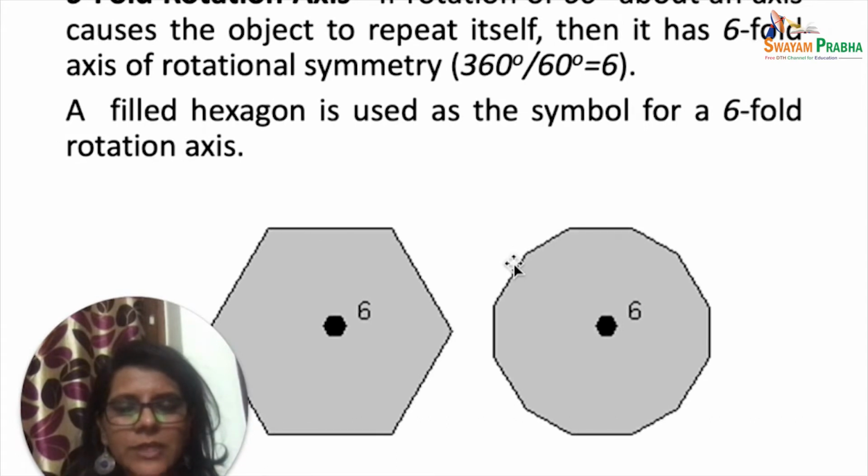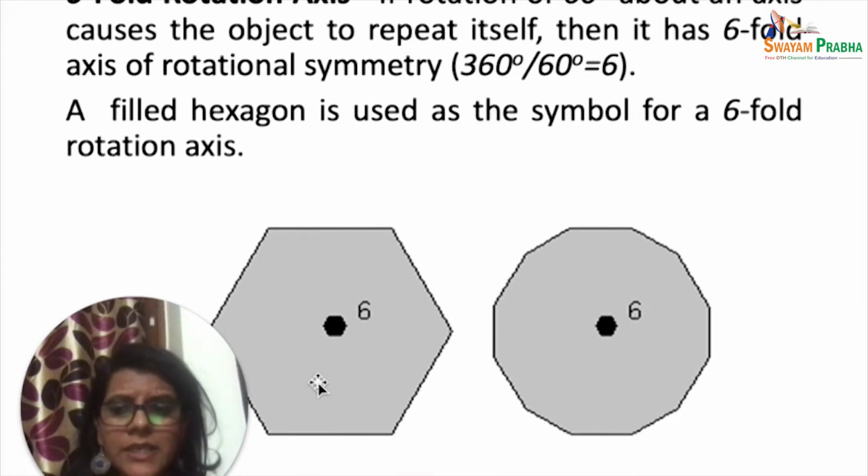Similarly, let's take a look at the sixfold rotation axis of symmetry. If you rotate a structure and after every 60 degrees you get an identical structure, then it is said to have a sixfold rotation axis. Or in a 360-degree rotation, you get the identical structure 6 times.